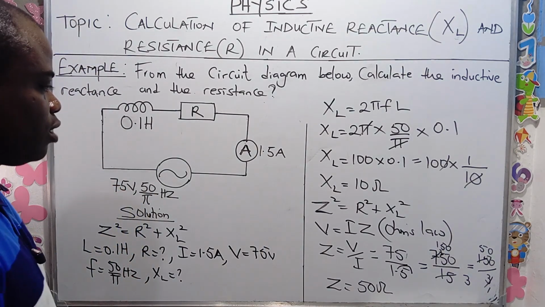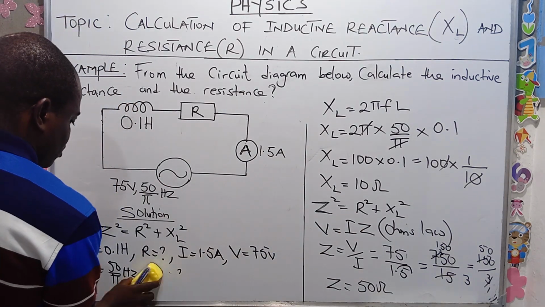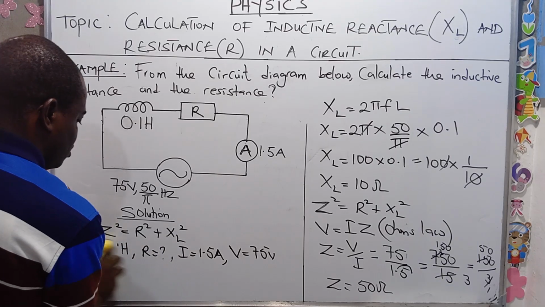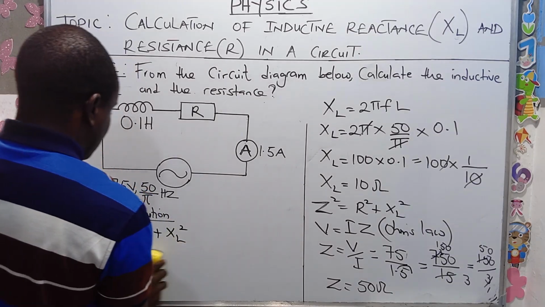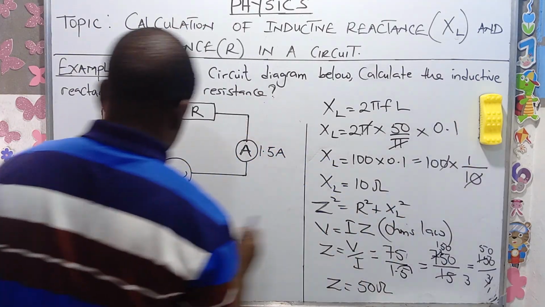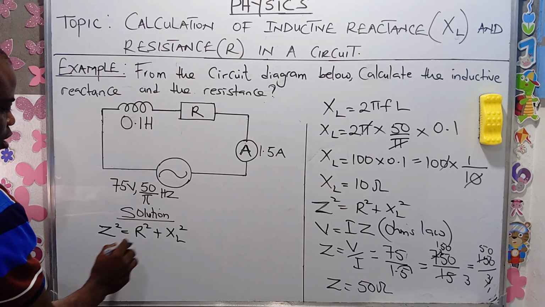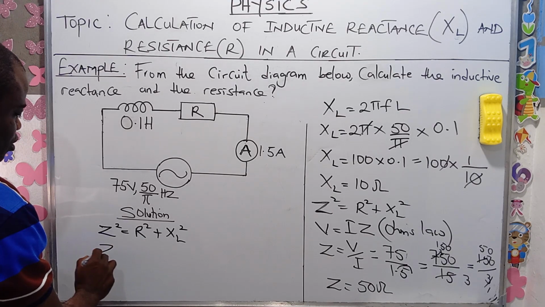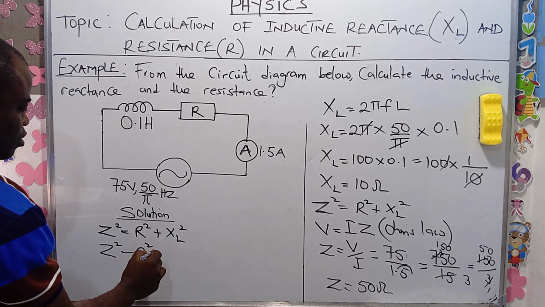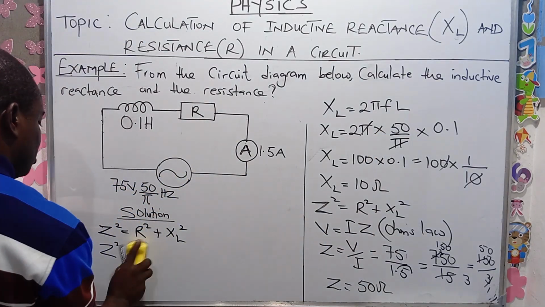Now from here, we can look for our resistance. Now let's make R the subject of the formula. We have Z squared, take R across, the sign becomes negative, minus R squared equals, we're looking for R, sorry, the resistance.